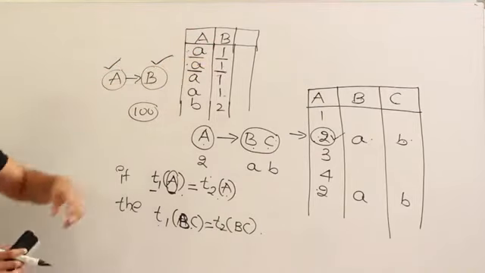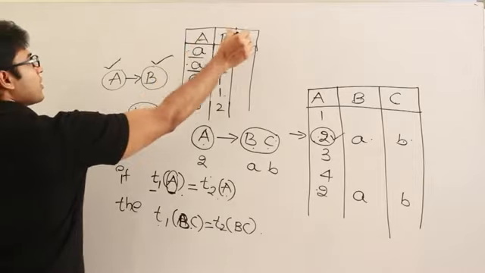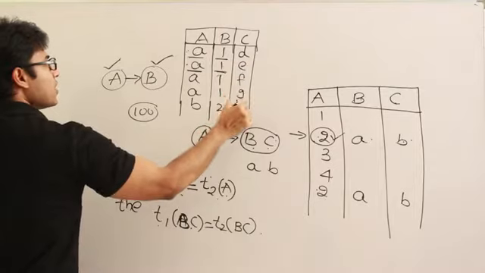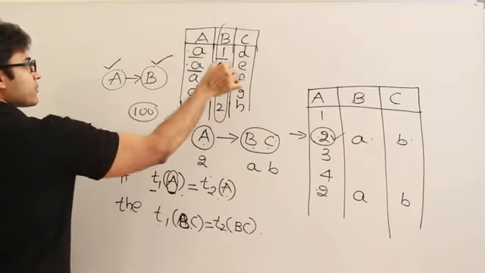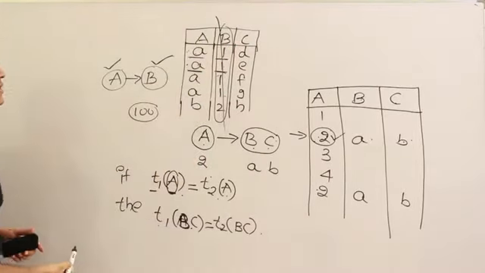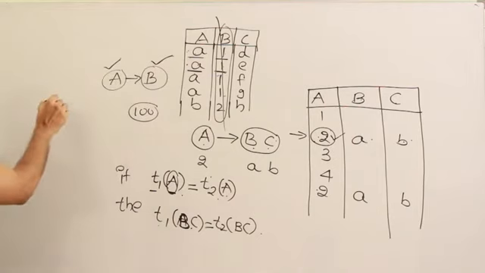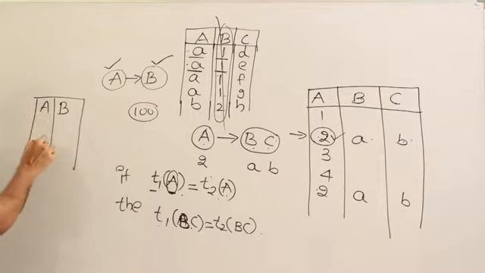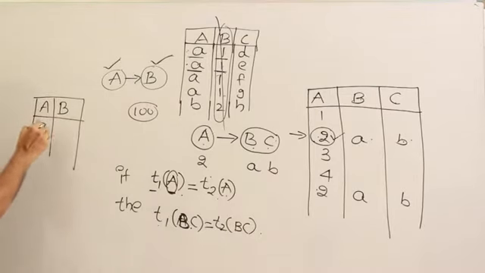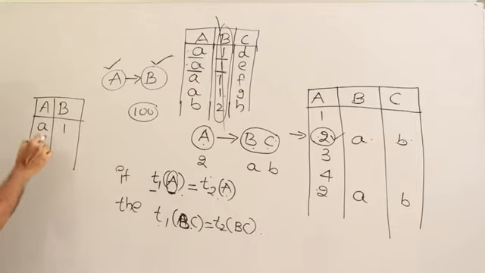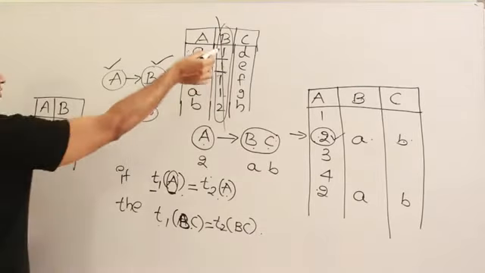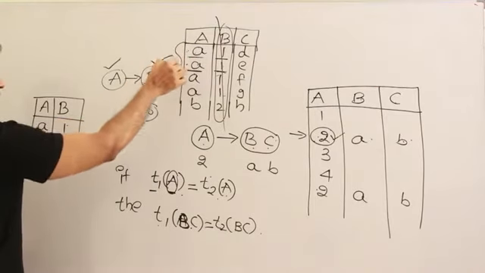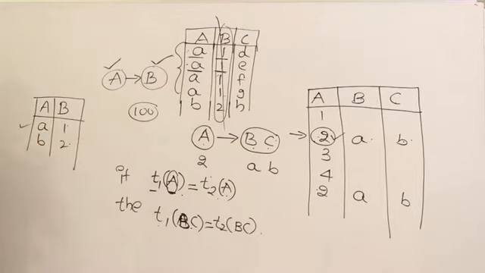Instead of that, assume that C is having D, E, F, G, H. Don't store B here, just delete it. You can save a lot of space. You can save B separately and write a new table AB. In this new table AB, you can write the value of A is 1 and the value of B is 2. That's it. So this entire information is not required. In case it is repeated 100 times, I have to just write it one time.